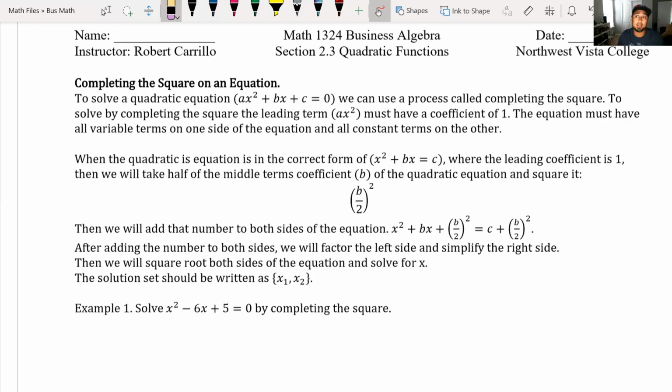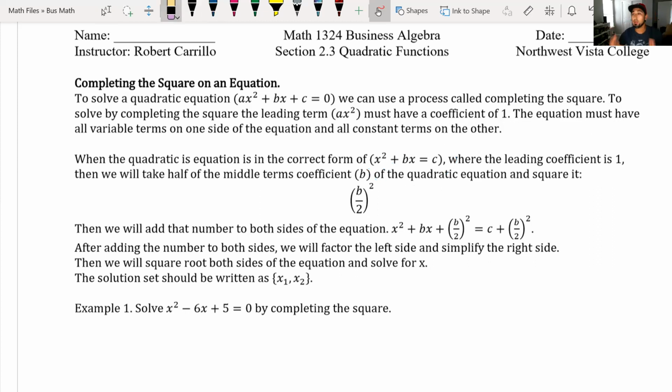If the leading coefficient is not 1, then we must factor it out to make it 1. Once you put the quadratic equation into its proper form, meaning you keep all the x variables on one side and you put all the other terms on the right side, we should have something of this form: x squared plus bx equal to c, where we see now that the leading coefficient is 1 because it is just x squared.